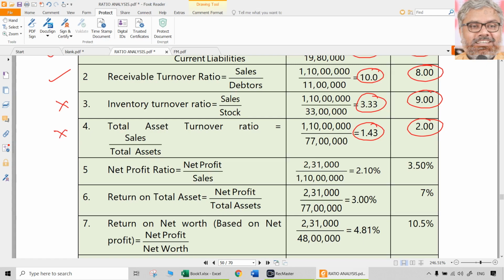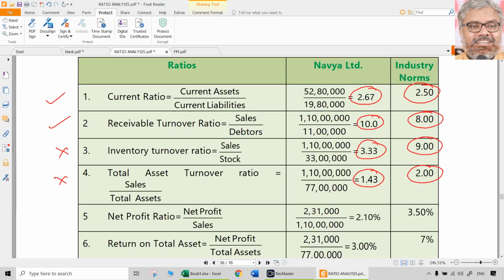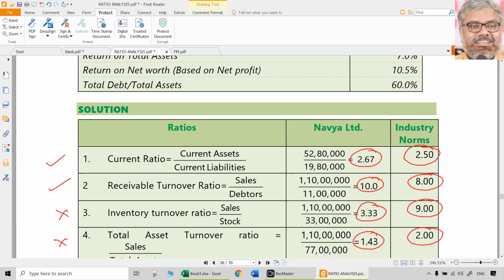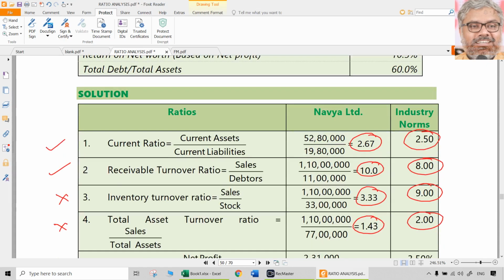Not that it is going to go bankrupt or something like that. Industry norms are set, which are already given to us. Compared with that, Navya Limited's situation is not good in terms of total asset turnover ratio. It is not employing its assets effectively to generate more sales. Same way, it has too much stock for generating the sales.